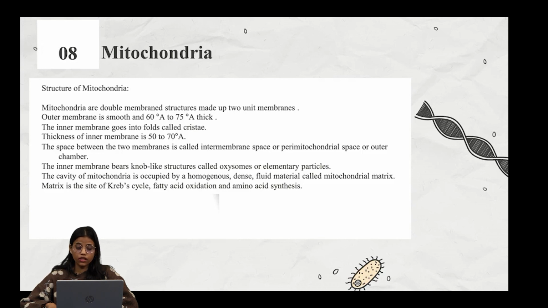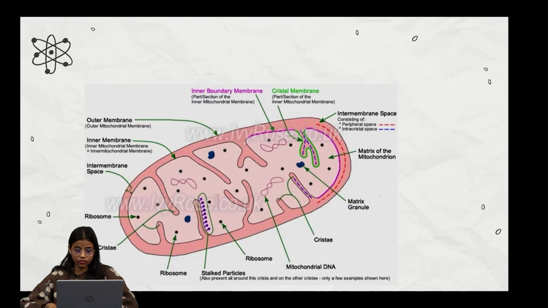The space between the two membranes is called the intermembrane space or perimitochondrial space or outer chamber. The inner membrane bears knob-like structures called oxysomes or elementary particles. The cavity of the mitochondria is occupied by a homogeneous dense fluid material called the mitochondrial matrix. The matrix is the site of the Krebs cycle, fatty acid oxidation and amino acid synthesis. This is a diagram of it.